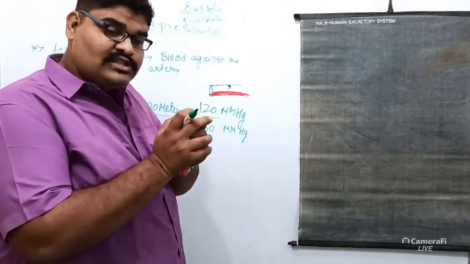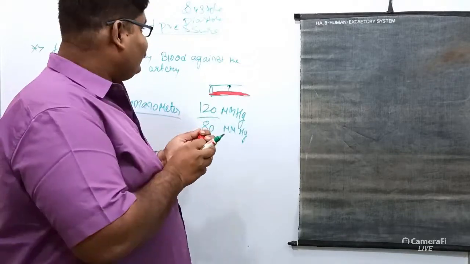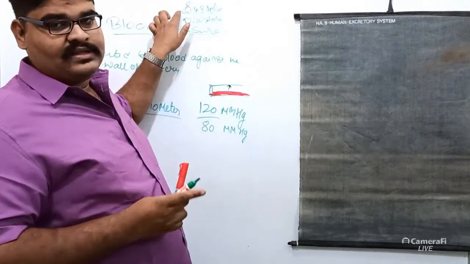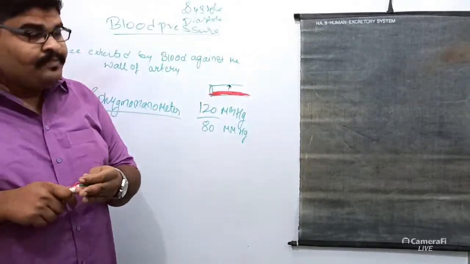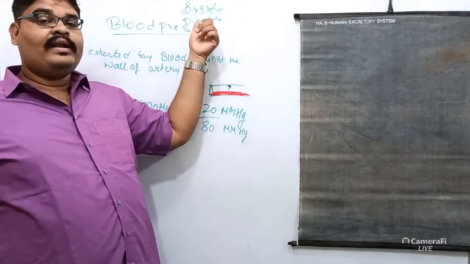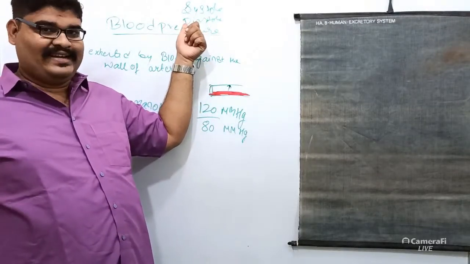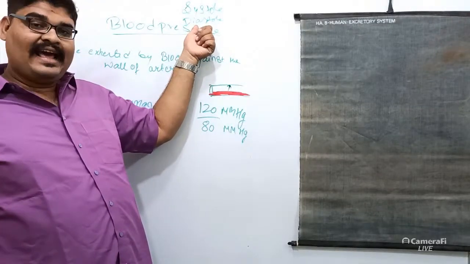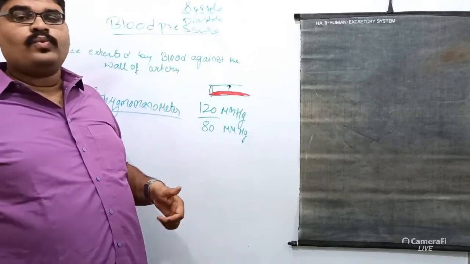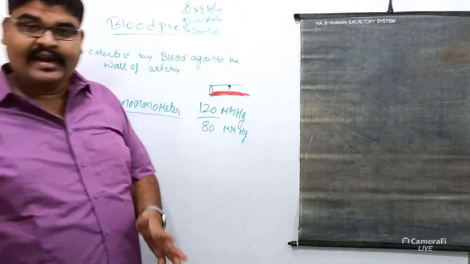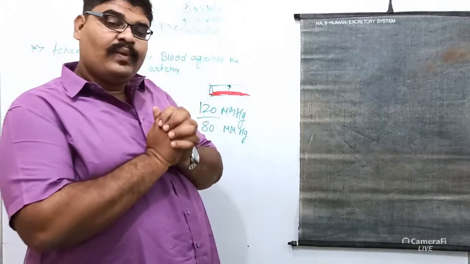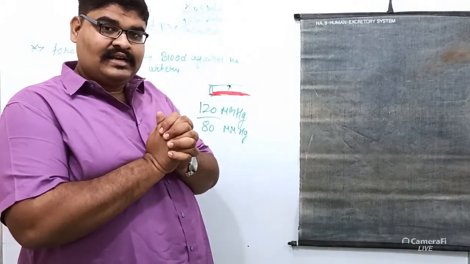This is the systolic pressure; systole means contraction. And when the ventricles relax, what is the pressure? When the ventricles contract, it must be 120 mmHg.